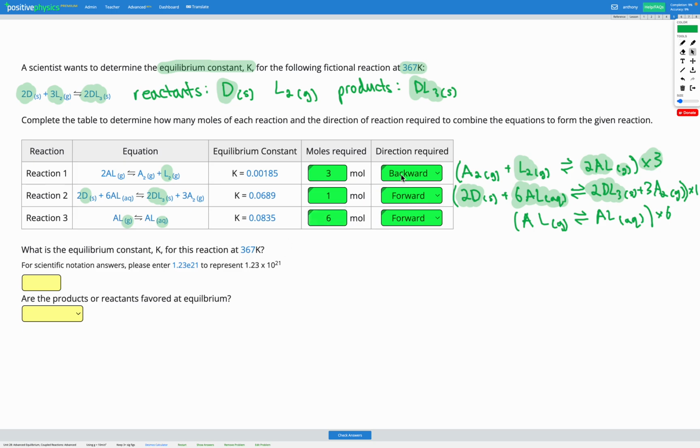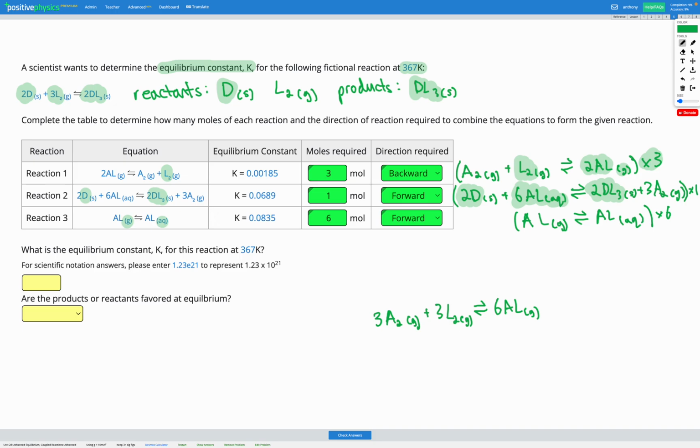Awesome. Okay, so we figured out the directions and moles required. Let's go ahead and add these equations up just to check it gets us to our goal reaction. So for step 1, we've got 3 sets of A2 plus 3 sets of L2 gas, and that gives 3 sets of 2Al gas, so 6Al gas.